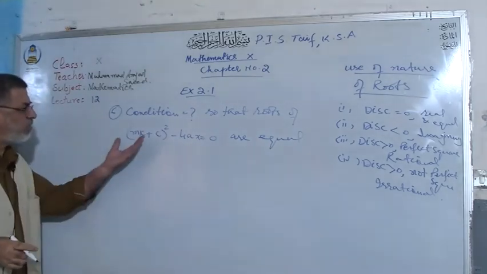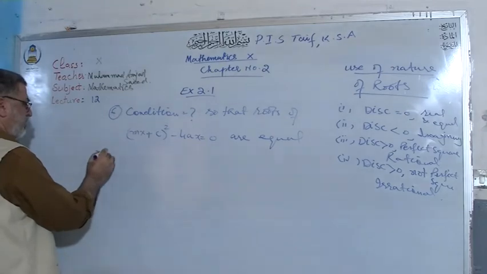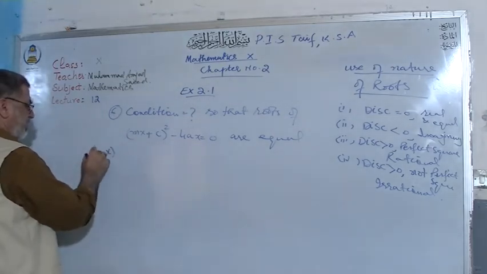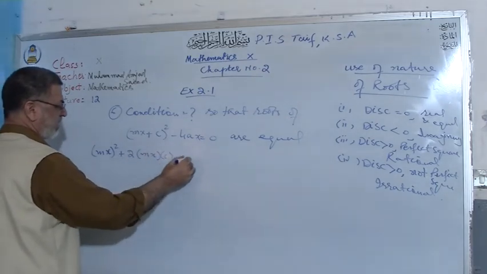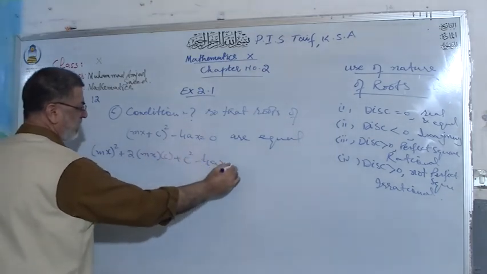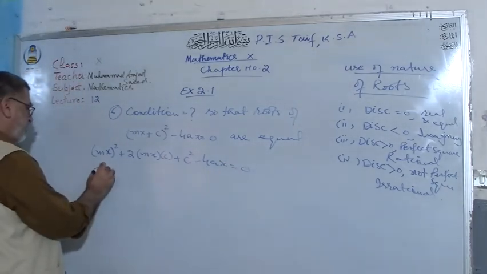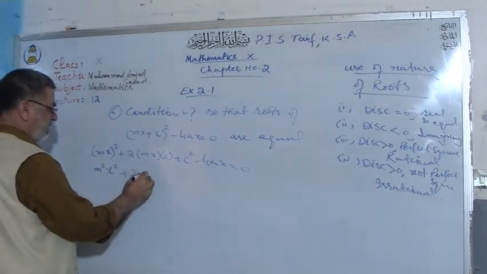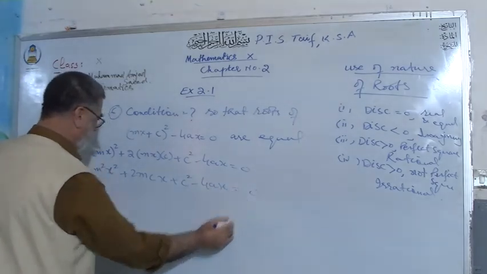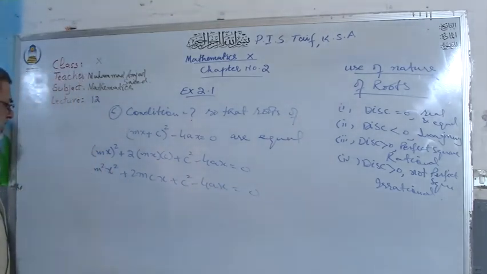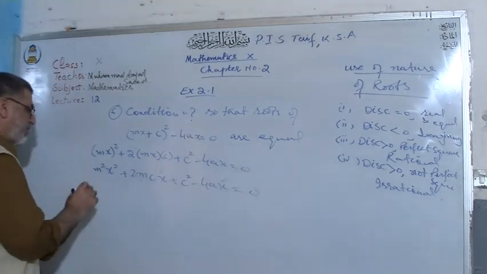First of all, we will open up the formula of square: first square plus 2 into first into second plus second square minus 4ax is equal to 0. Here we will have m square x square plus 2mcx plus c square minus 4ax is equal to 0. Now we will write down like terms side by side. This is a term involving x and this is x also.